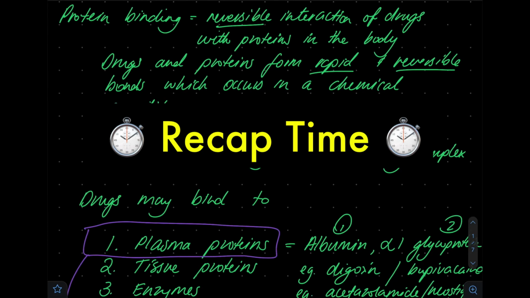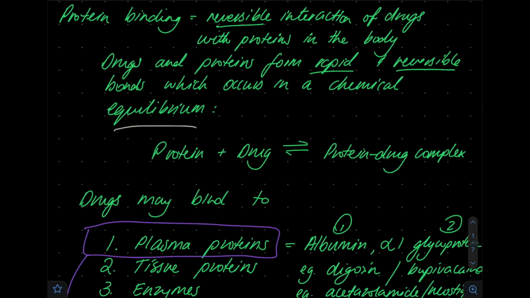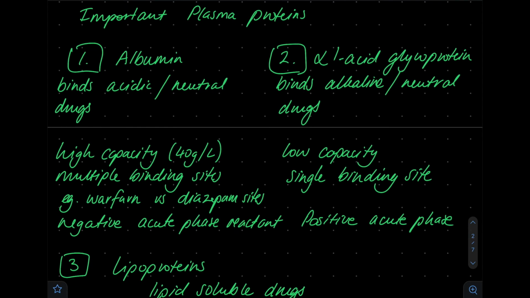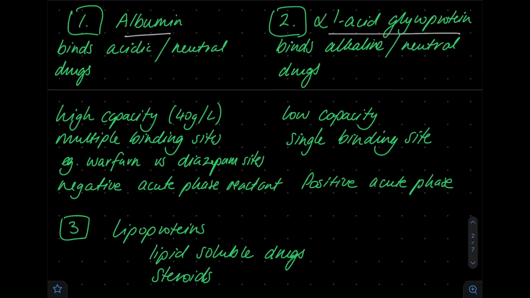Okay, let's recap what we've just learned. We define protein binding in terms of a rapid and reversible reaction, which can be summarized by the chemical equilibrium equation. We talked about the 4 protein groups that drugs may bind to, including plasma and tissue proteins, enzymes, and receptors. We focused on the properties of the 3 major plasma proteins, albumin, alpha-1 glycoprotein, and lipoproteins.